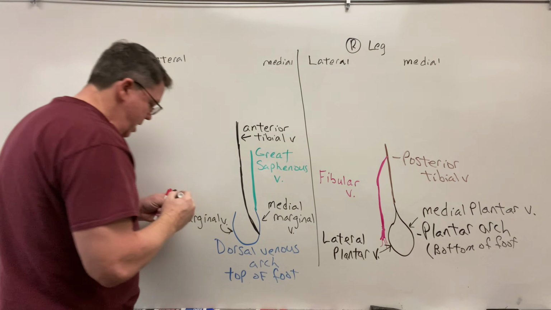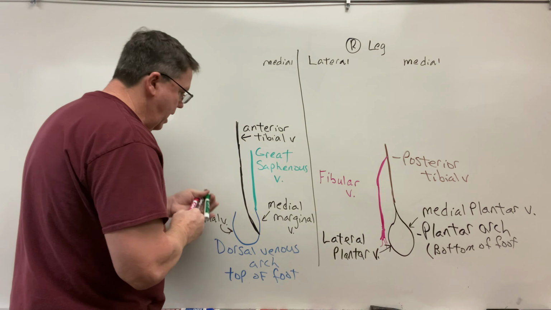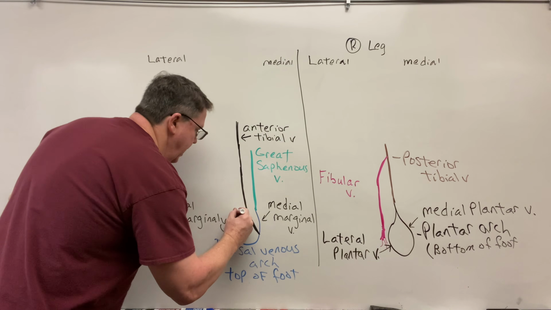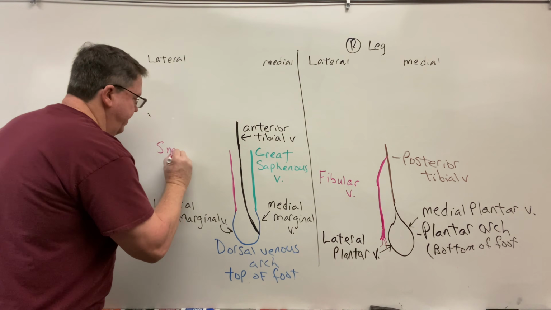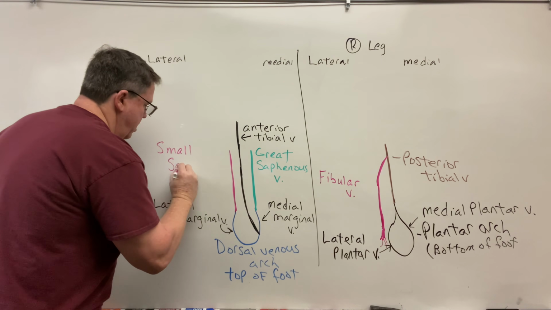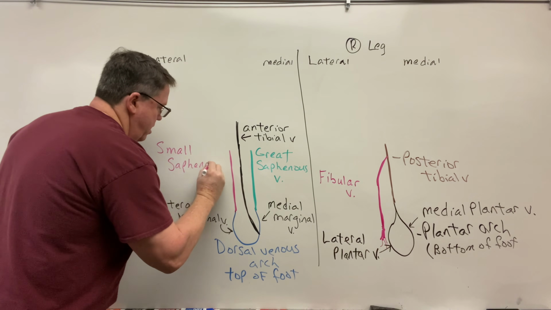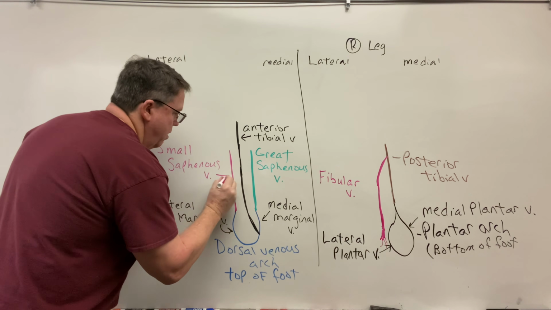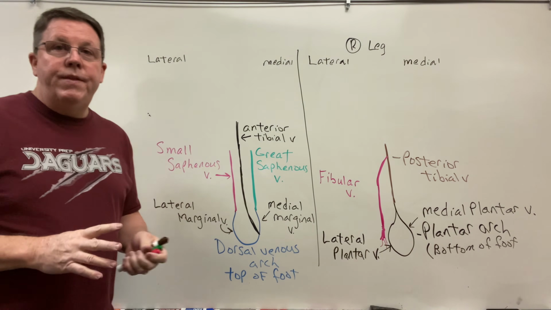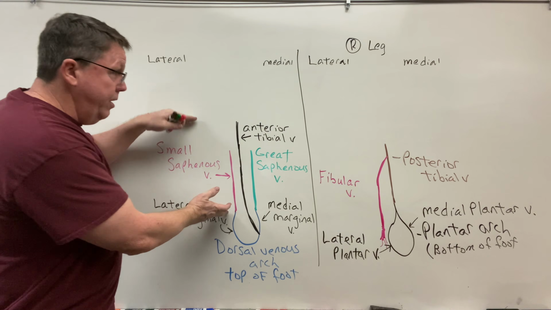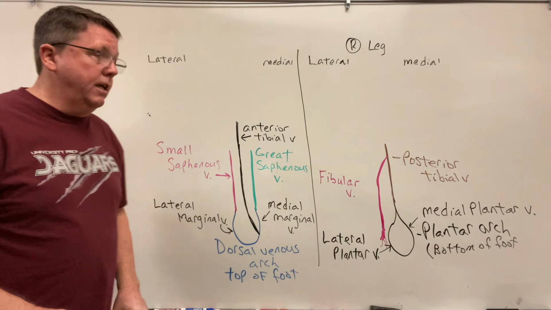Okay, and over here, I would have my small saphenous vein. Right here. Okay, so now here's what's going to happen. This part's in the leg, this part's in the leg.